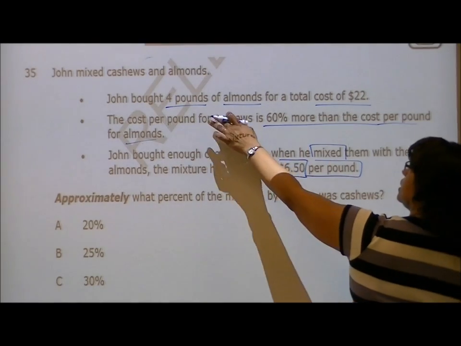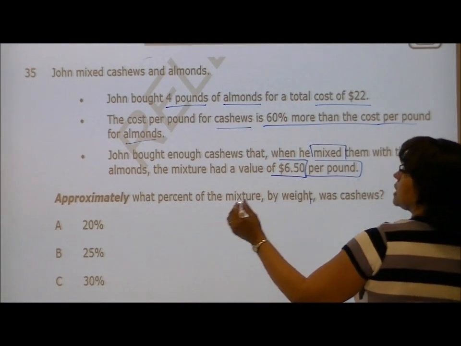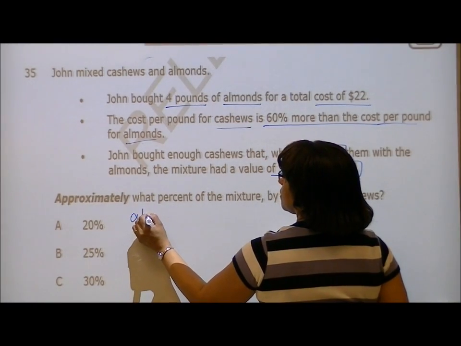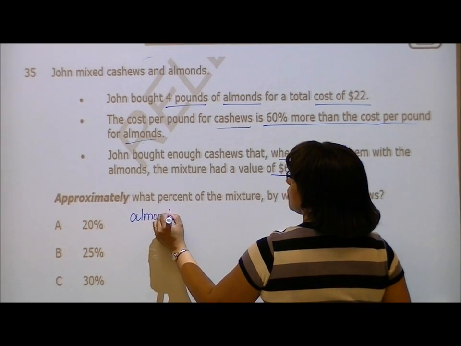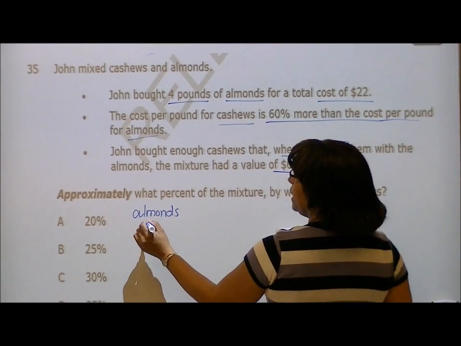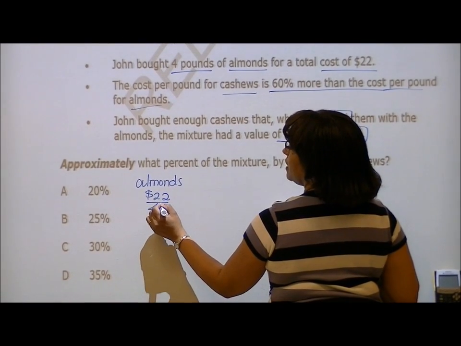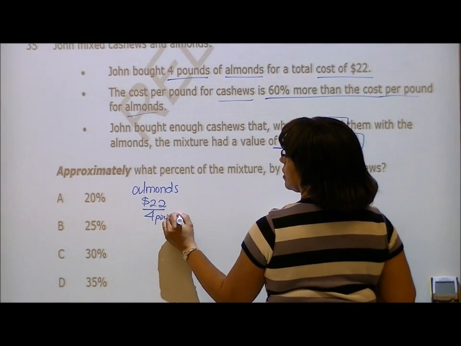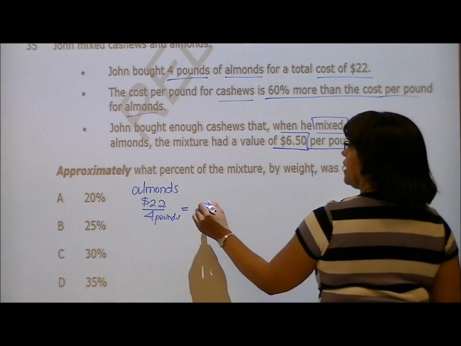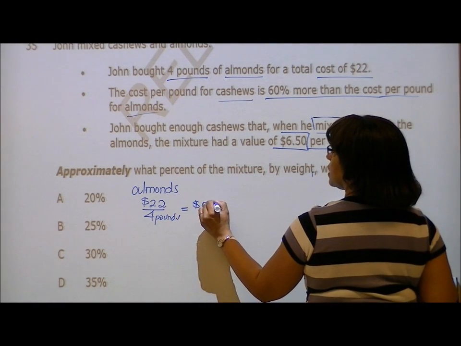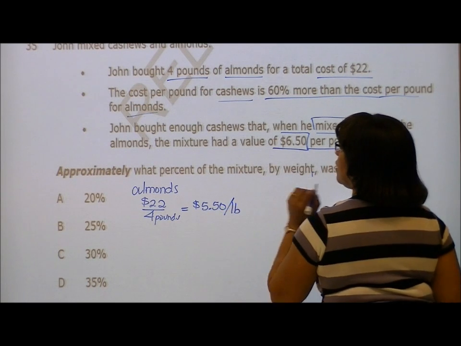First, let's figure out how much is the cost per pound for the almonds. So for the almonds, we want to know the cost per pound. So let's put the cost in the numerator and the pounds that we have in our denominator. When you divide, you get $5.50 per pound for your almonds.